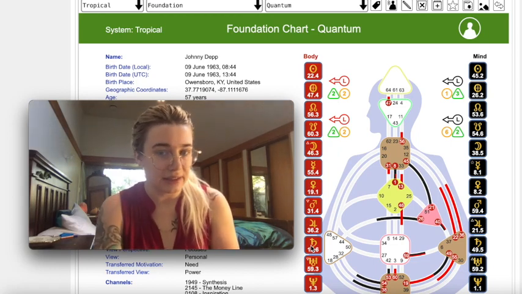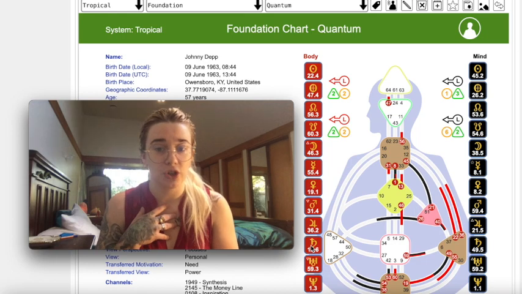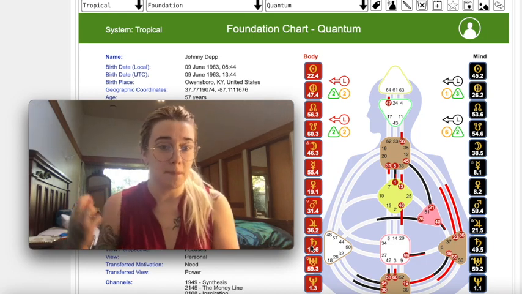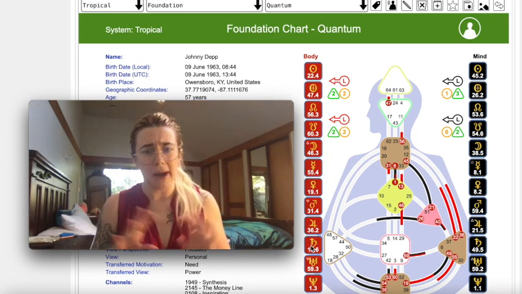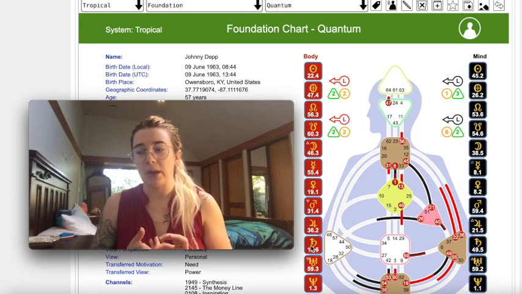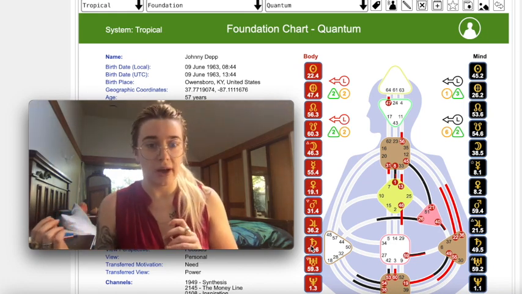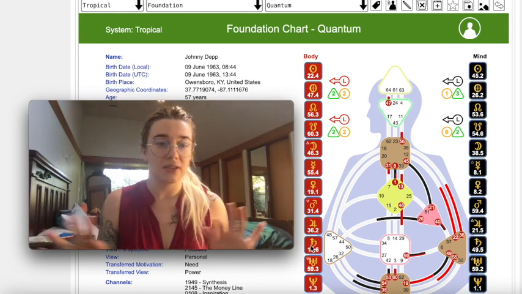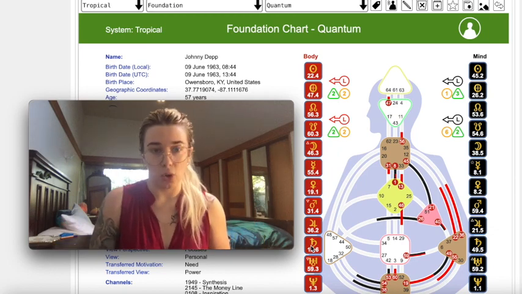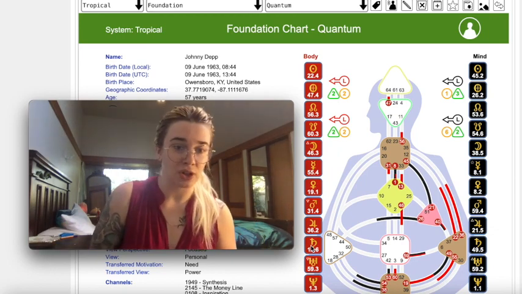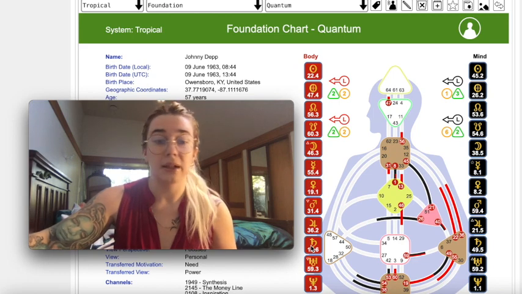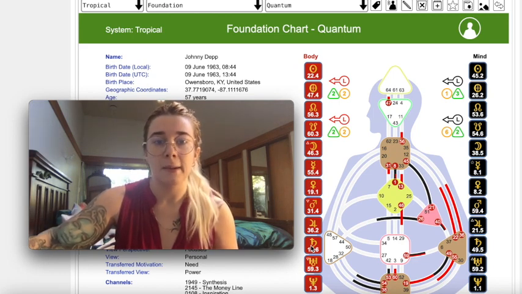Yet I can see looking at this, he has a motorized throat, which means he is a manifestor. By the way, manifestor in human design has absolutely nothing to do with like the law of attraction or manifestation or anything like that. They're completely different things.